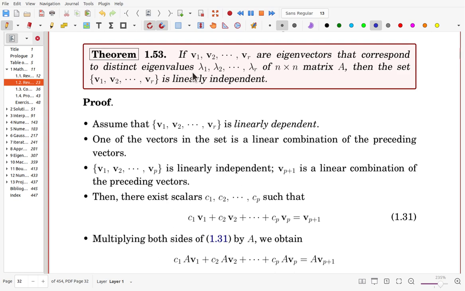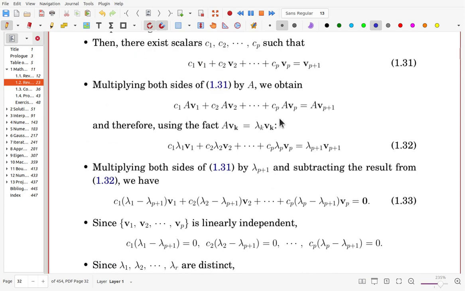Now we assume these eigenvalues are all different. Then this set must be linearly independent. So here we have a proof. If you are interested in the proof, then try to read it here.